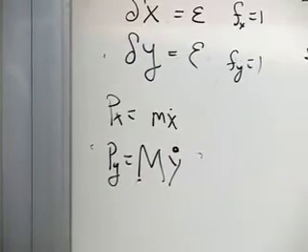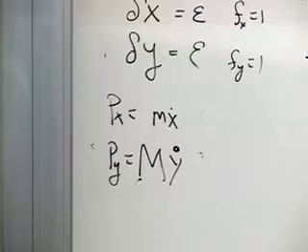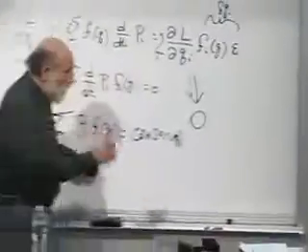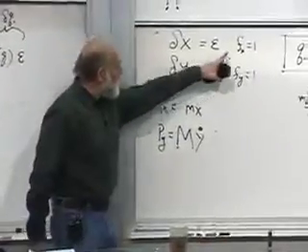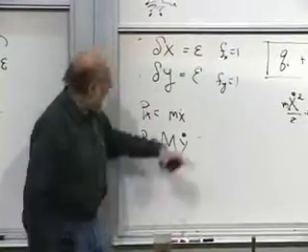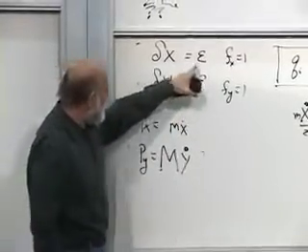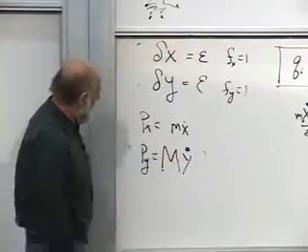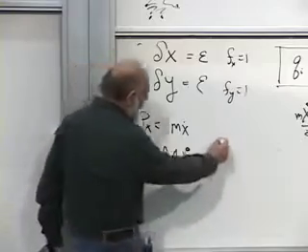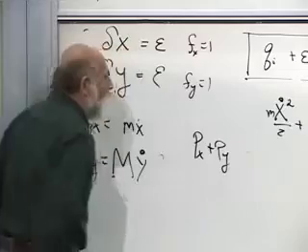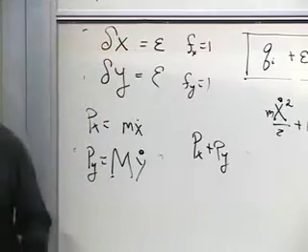The conserved quantity is the sum of p times the shift of each of the coordinates. The shift of each of the coordinates is just by 1 unit. You can drop the epsilon. The epsilon is just there to remind you that we're talking about a small shift. So what's the conserved quantity? It's just px plus py, the total ordinary linear momentum.